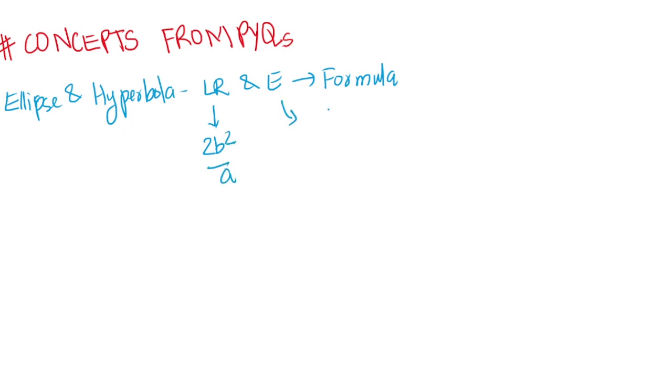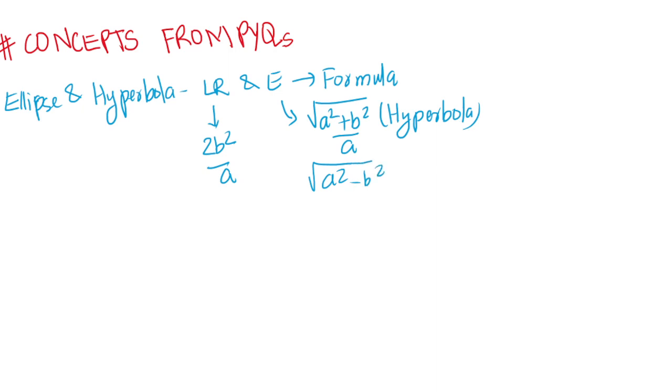Eccentricity of hyperbola is root of a square plus b square by a. This is for hyperbola. Then root of a square minus b square by a is for ellipse. This is the concept that is learned from this previous question that we have done now.